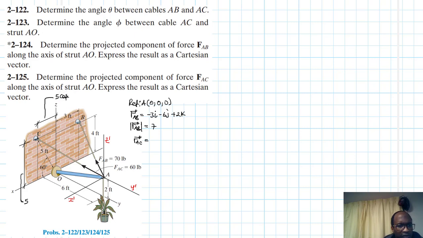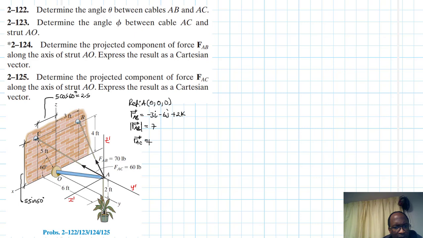The angle is there, and then this one is 5 sin 60. Cos 60 we know is 0.5, therefore this is 2.5. So 5 sin 60, then that one cos. Great.